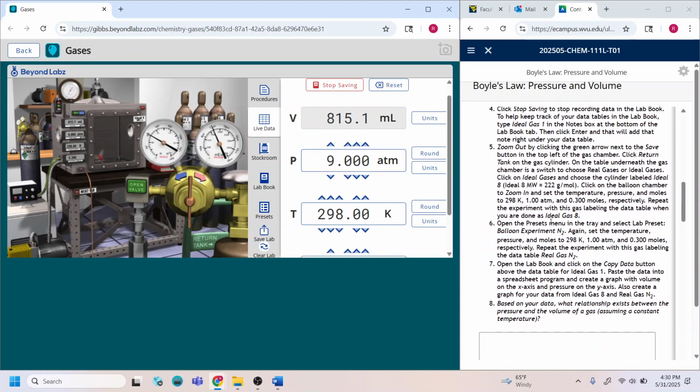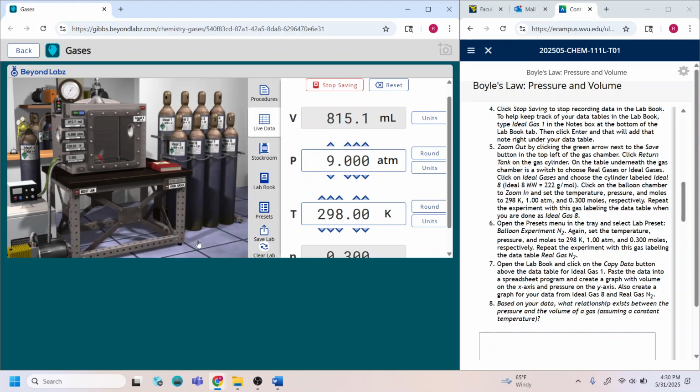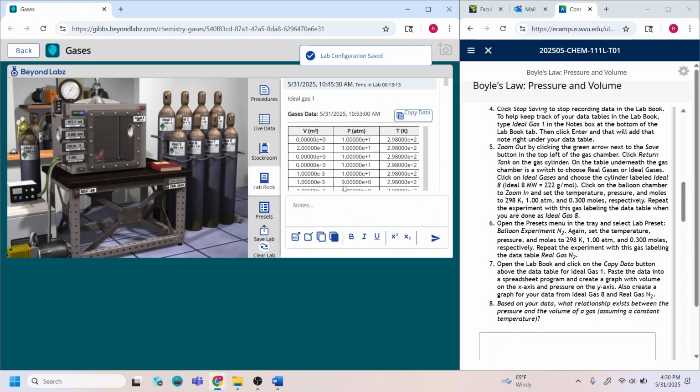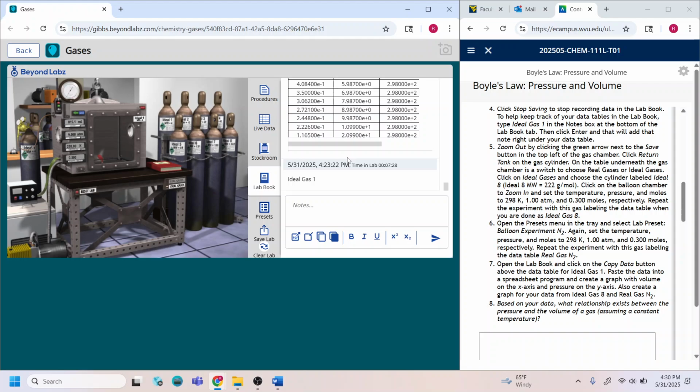So let's see over here. You're going to do the same thing for ideal gas 8 in there. So we are going to return the tank. We're done with the first, ideal gas 1, right? So we're going to return the tank. We're going to save the lab. And then we're going to go into the lab notebook in there. So here you go.